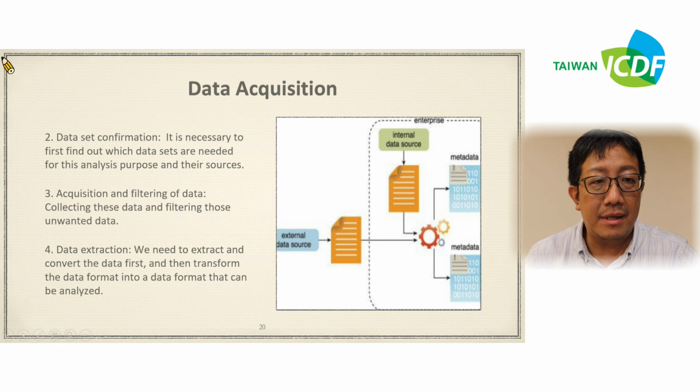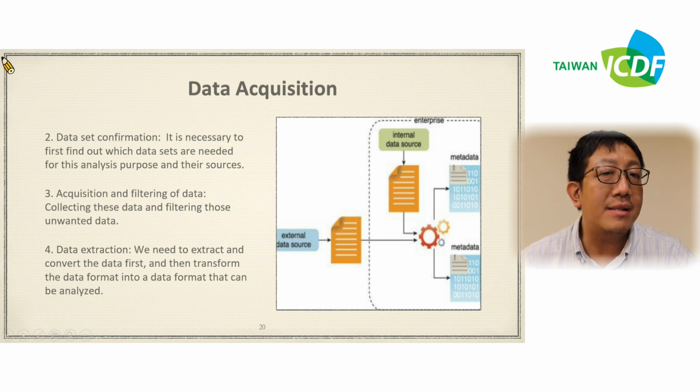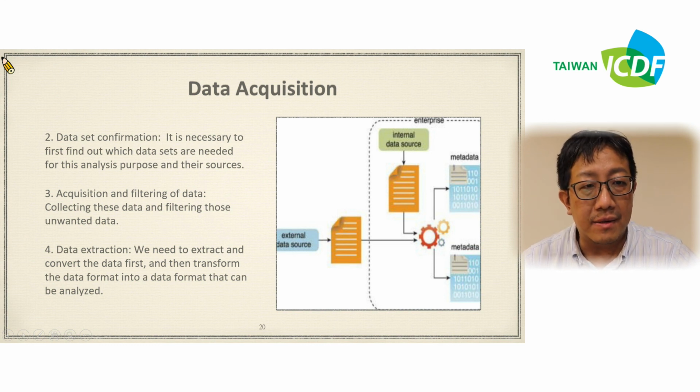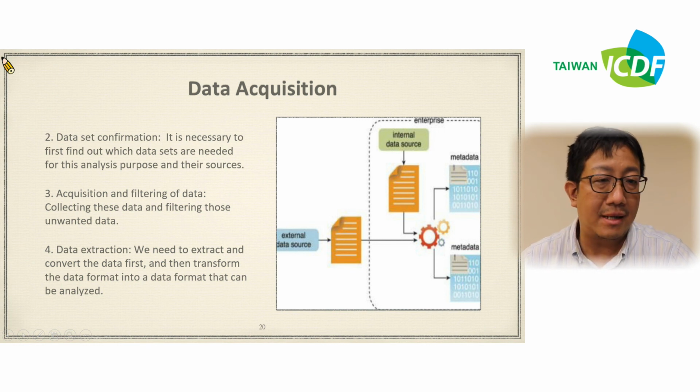For data identification, it is necessary to first find out which data sets are needed for this analysis purpose and their sources. Acquisition and filtering: collecting this data and filtering out unwanted data.